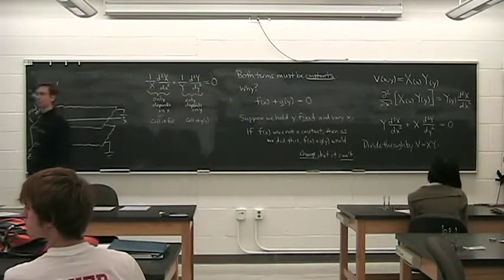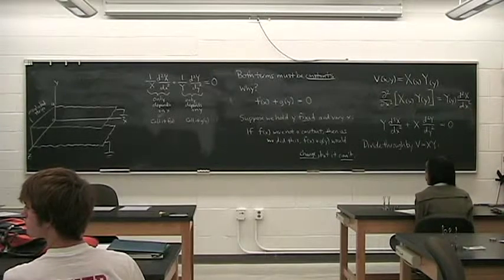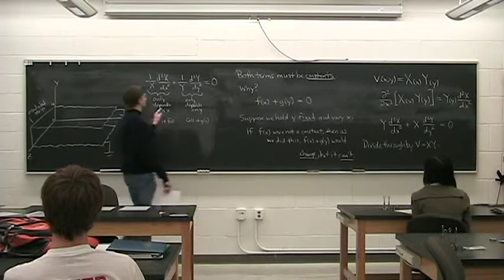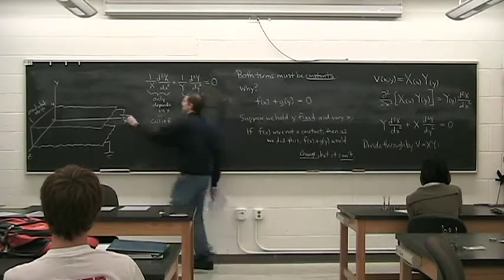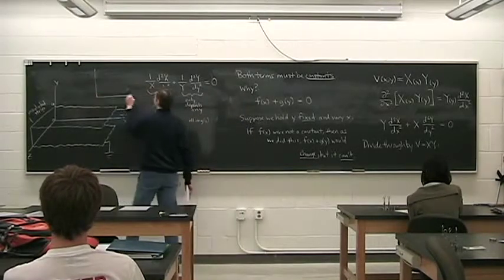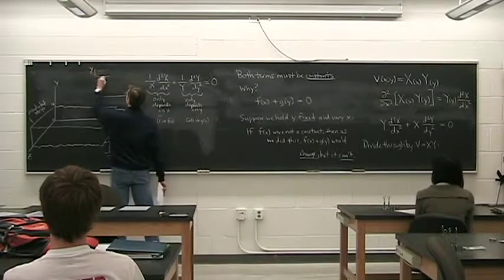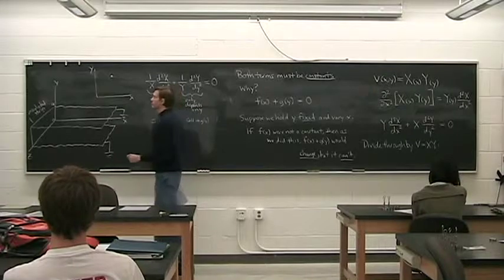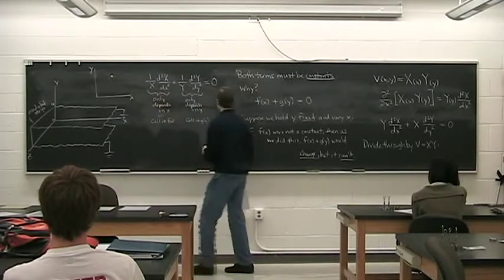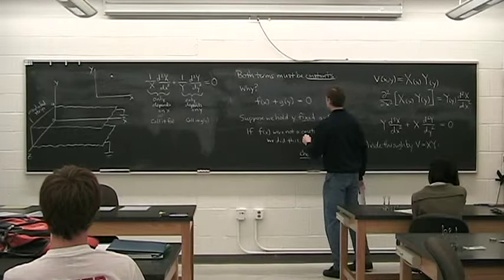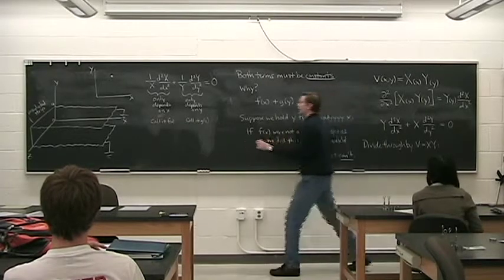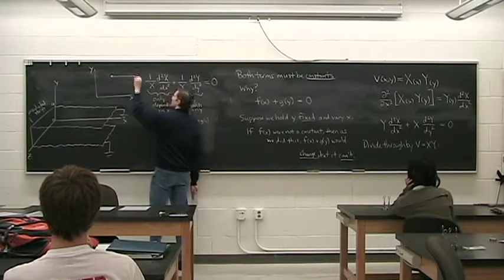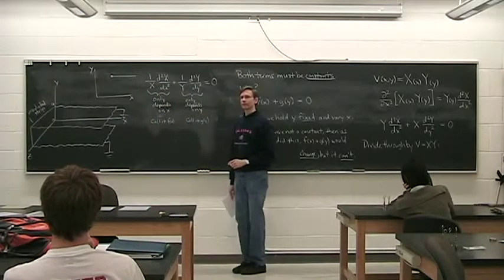Yes? What if they just went up and down in the same proportion so that they were always equal to 0? See, that's the thing. At first you might think you could do that, but here's the xy plane here. Here's some location in the xy plane. So here's some point. Notice what I'm saying to do here is we're going to hold y fixed and vary x. So we'll start at this point right here, we'll hold y fixed and vary x. So we're going to move along that line, right?